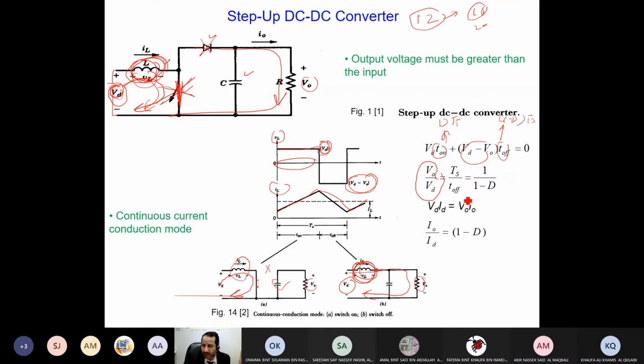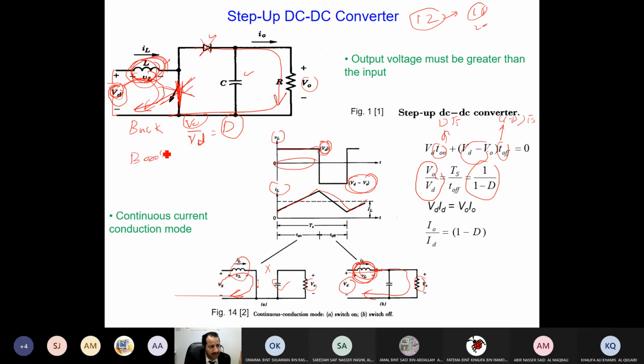Let's say VO over VD equals 1 over 1 minus D. Let me compare. In the buck converter, VO over VD equals D. Okay? D is always lower than 1. So VO is always lower than VD, right?